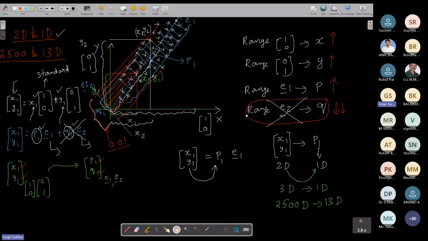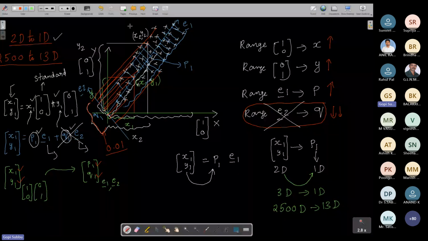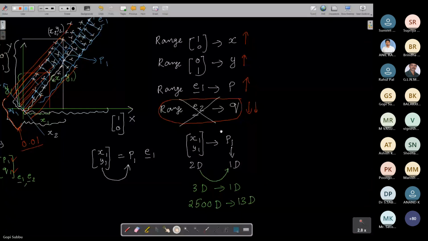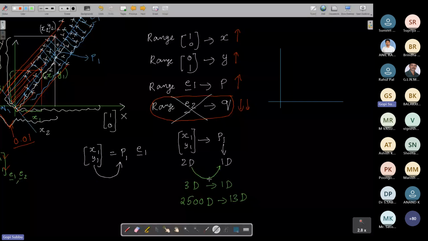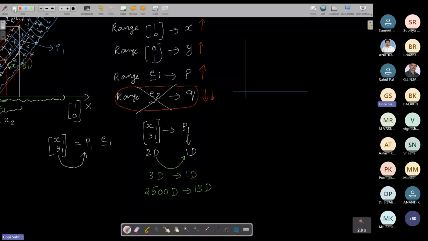Why is this happening? Because the data has some redundancy in it. Though we say that it is represented in 2D, like what you see on the screen, it is not really distributed or scattered in all the regions of the 2D space.